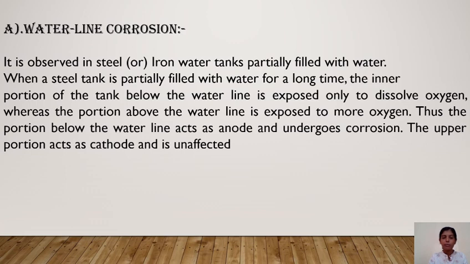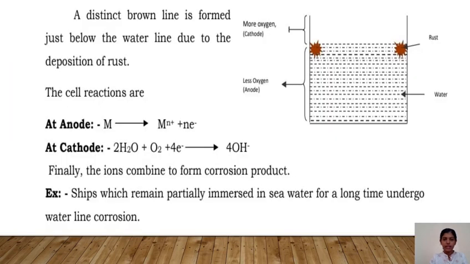The upper portion acts as cathode and is unaffected. A distinct brown line is formed just below the waterline due to the deposition of rust. Here we have the cell reaction where iron combines to form corrosion product. Example, ships which remain partially immersed in sea water for a long time undergo waterline corrosion.